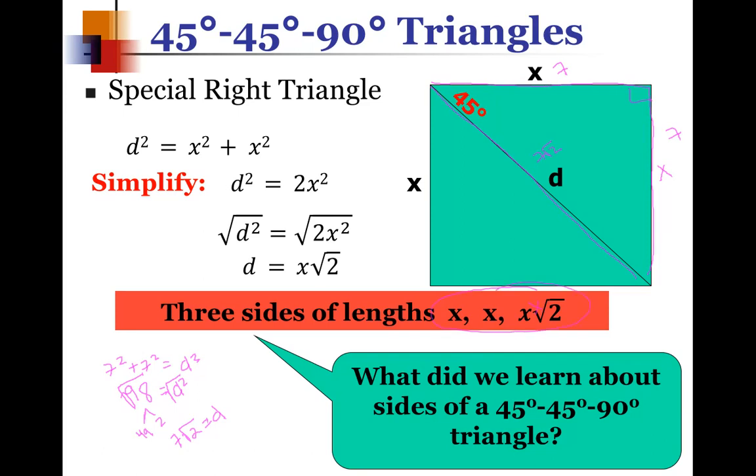We can even go the other way. Like what if you didn't know what x was, but I told you that d was 10 root 2. Well, then what are these two side lines? Oh, well, it's 10 and 10, right? And again, you could have set that up and said, well, x squared plus x squared equals 10 root 2 squared. And then this is going to be 2x squared, and this is going to be 400.